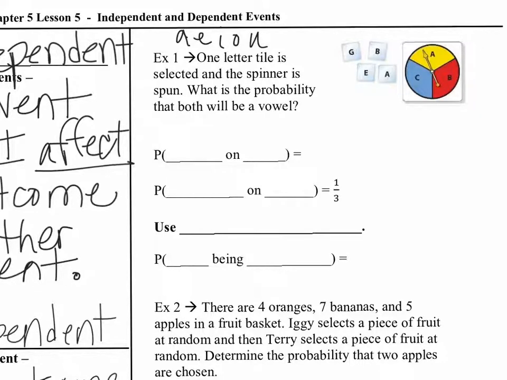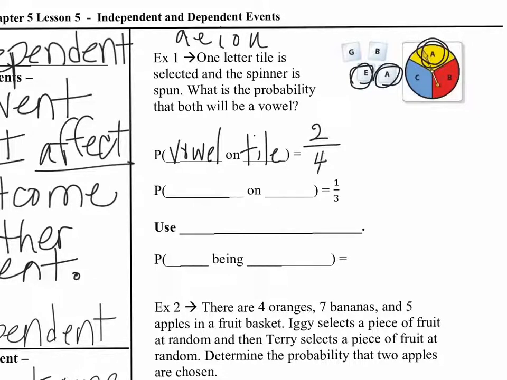You can see clearly there are 2 vowels on the letter tiles and 1 vowel on the spinner. The probability of a vowel on one of the letter tiles is 2 out of a possible 4, which simplifies by 2, top and bottom, to 1/2.